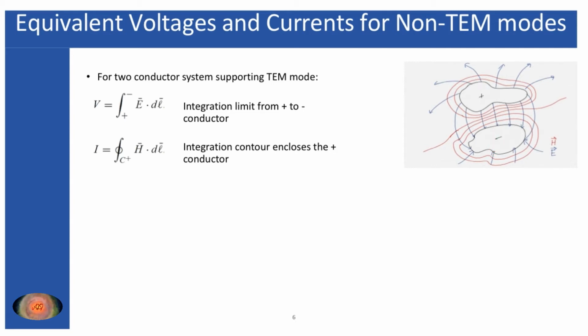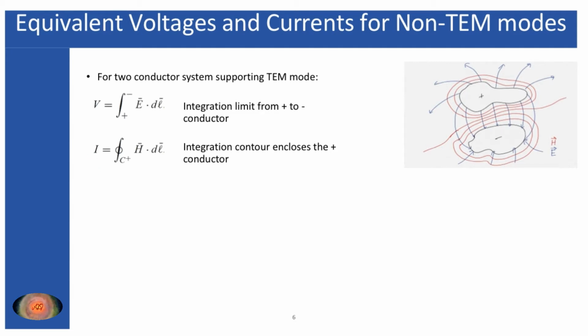The current can be found directly from Ampere's law, where the integration contour will include either the positive conductor or the negative conductor. If you include the positive conductor, you will get the positive current, and for the negative conductor you will get the negative current, indicating the current is flowing along the opposite direction.